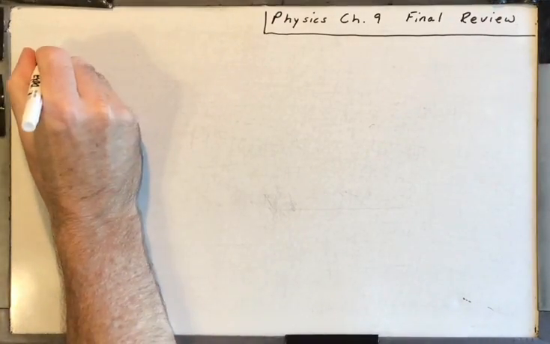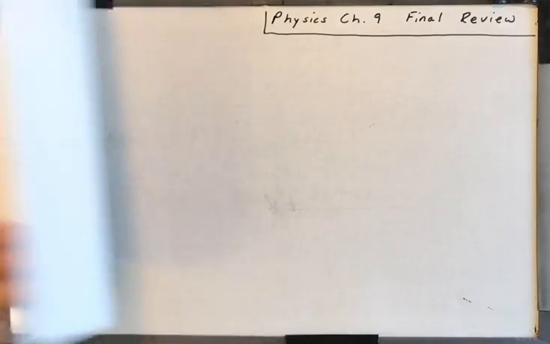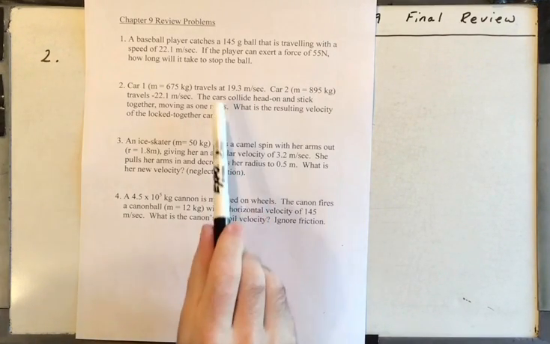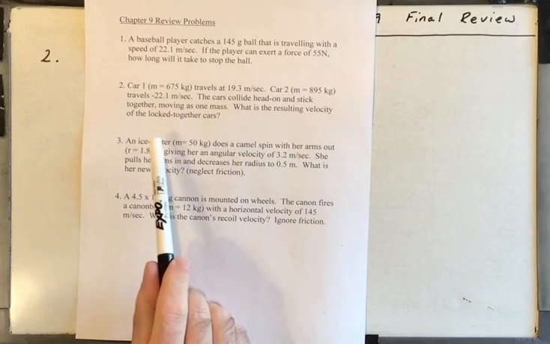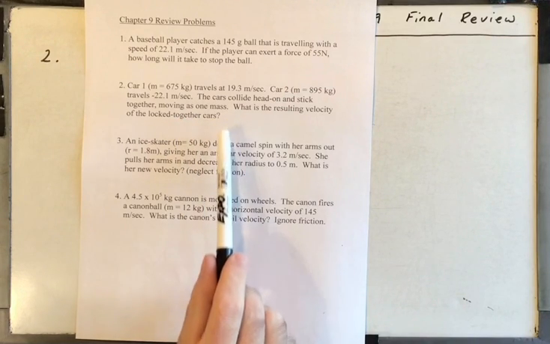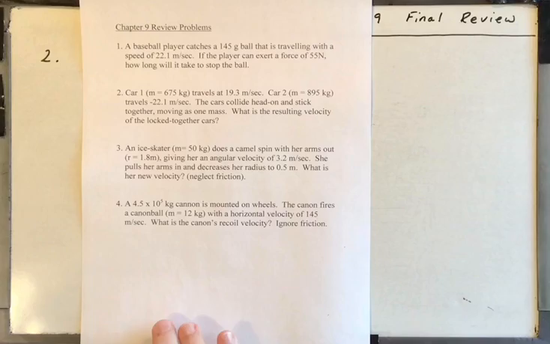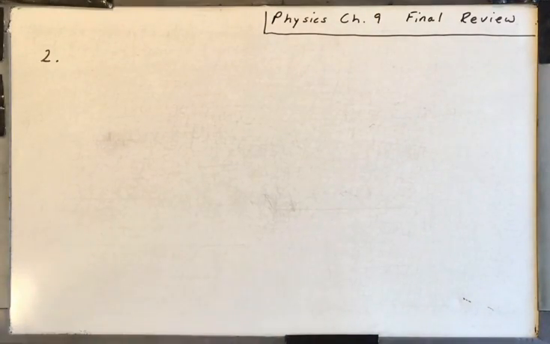Number 2 says car 1 travels at 19.3 meters a second. Car 2, negative 22.1 meters a second. They collide head-on, stick together, move as one mass. What's the resulting velocity of the locked together car? So this is the law of momentum conservation.